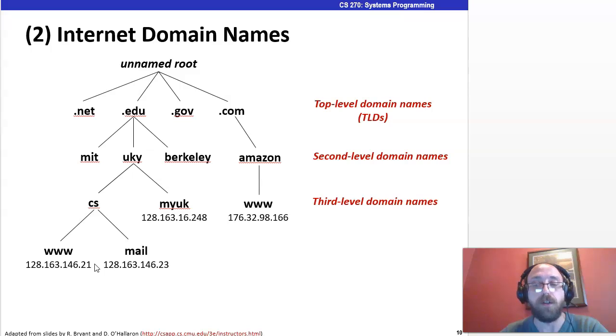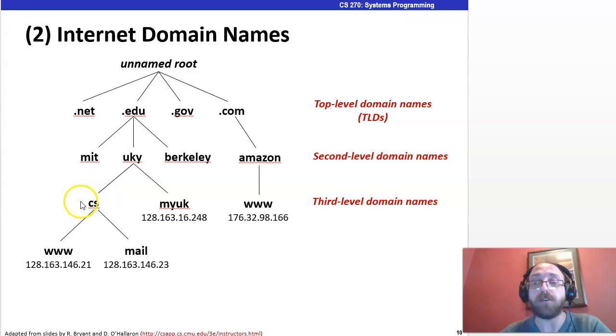We don't want to fill up the entire DNS with every possible entry. And also, they do timeout. And that expiration is not just to free up space, but also because the CS department might decide to change things around and move a particular server to a different IP address.